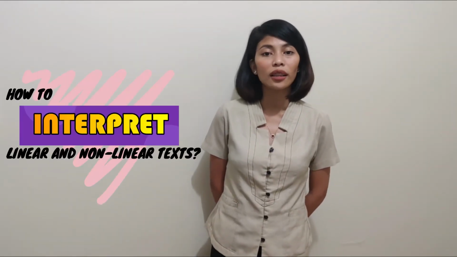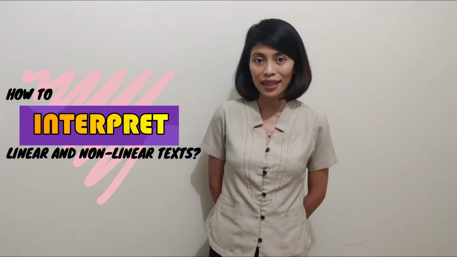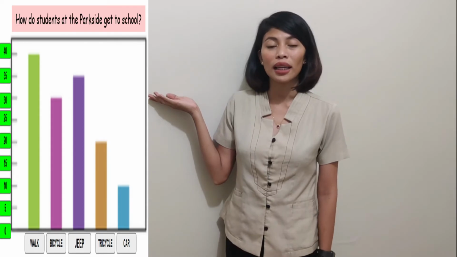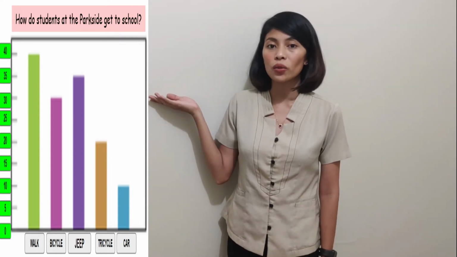Now, through the use of the following examples, how can we interpret linear and nonlinear text? Let's try. Be ready with your pen and paper. Study this bar graph about how students at park sites get to school.